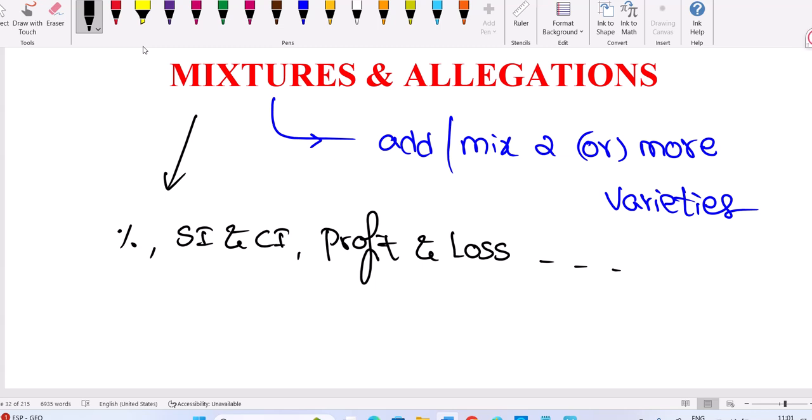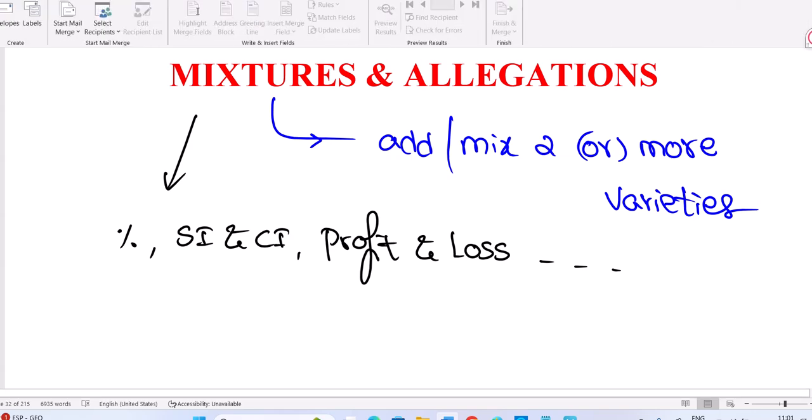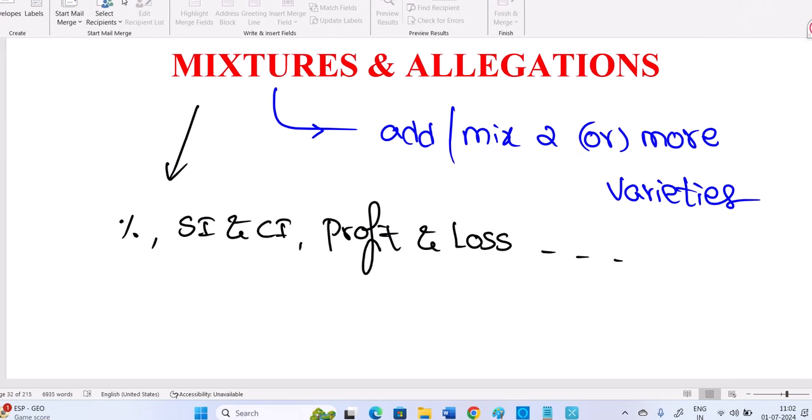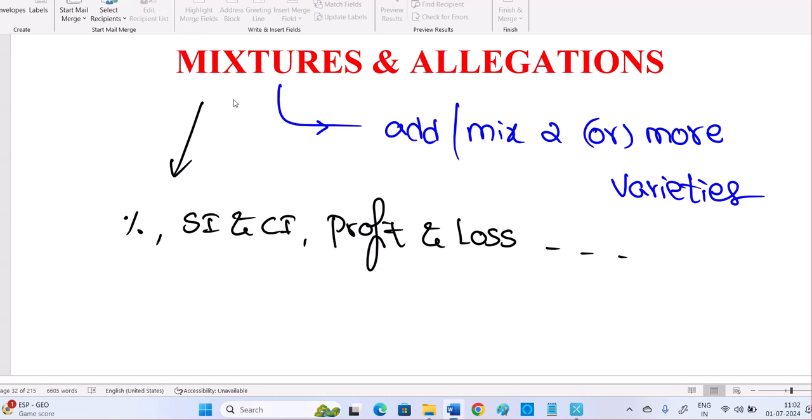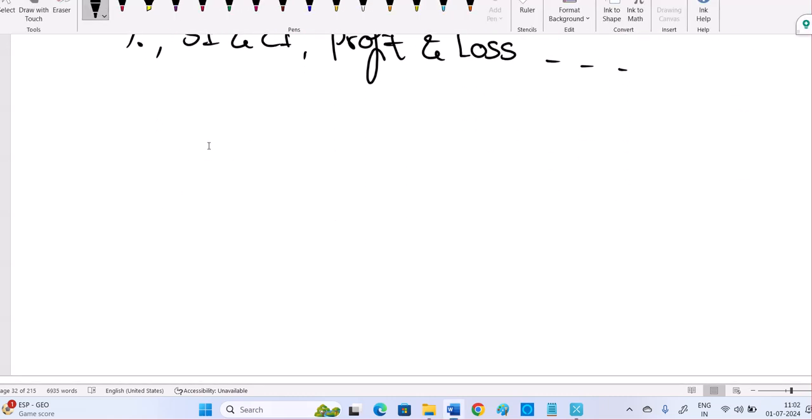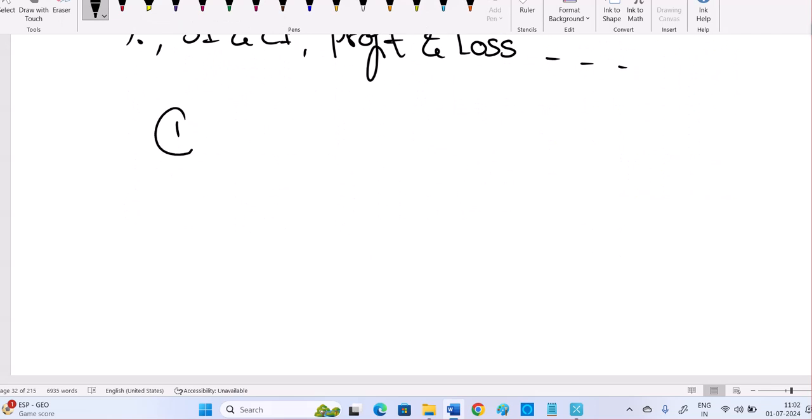We have only three models in this topic. Every question finally comes down to three different models. Model 1 is where the mixed ratio is given.